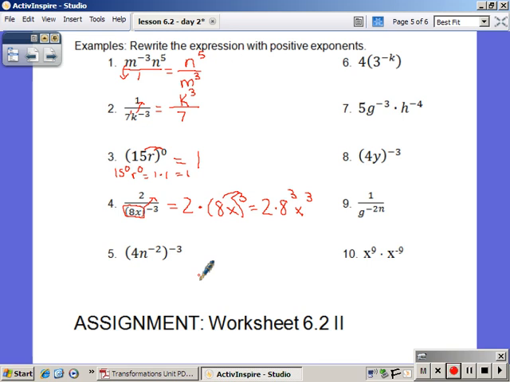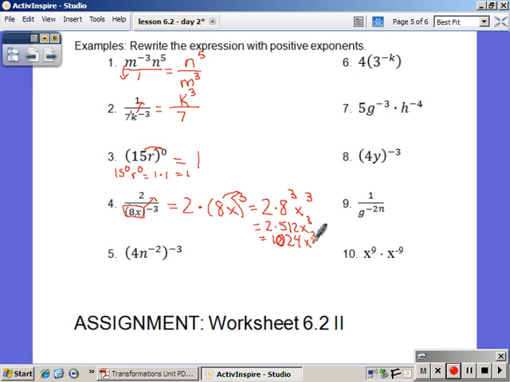Take what 8 to the third is and get that numerical value and then multiply that by 2. 8 to the third is 512. So I would do 2 times 512. Exponents come before multiplication. And then I could multiply that 512 by 2 and get 1024 x to the third.